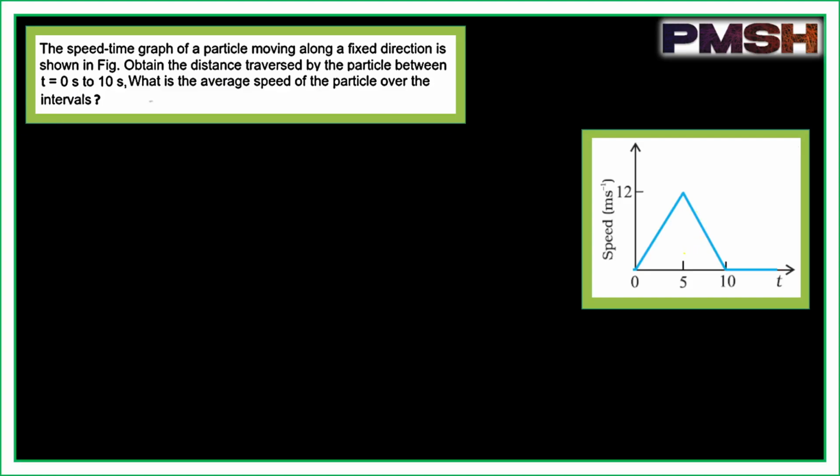So the given graph is actually a speed time graph, and they ask you about the distance traversed. So we know that distance is actually the area under the speed time graph. Am I correct? Distance is the area under the speed time graph.